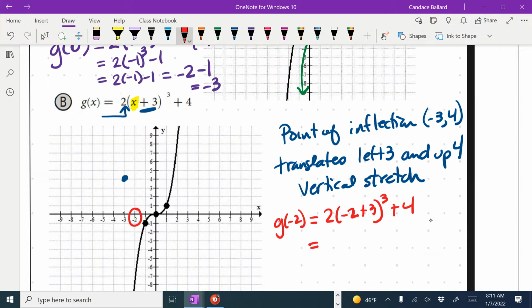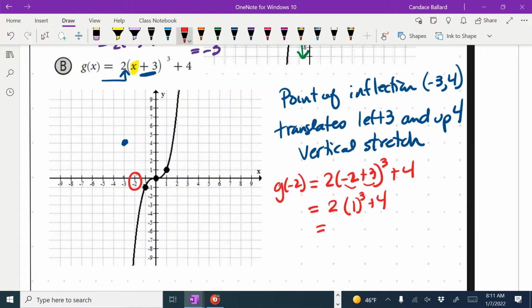Okay, so what is -2 plus 3? 1. Good. See that? Look how nice that came out, right? All right, what's 1 cubed? 1 times 2 is? I'm doing that all in one step. So 4 plus 2 is 6. So I know the point (-2, 6) is on the graph.